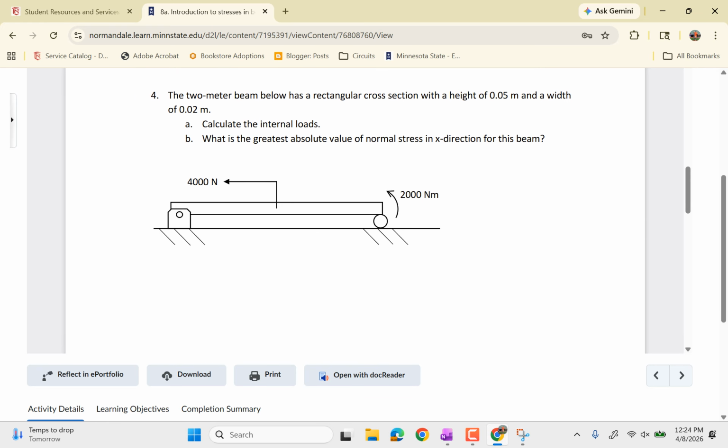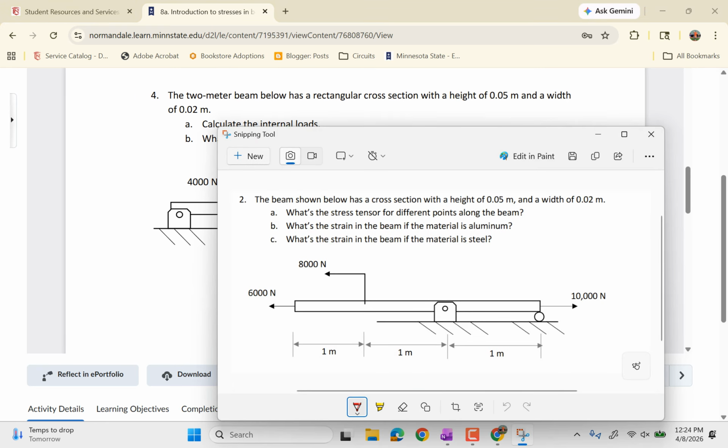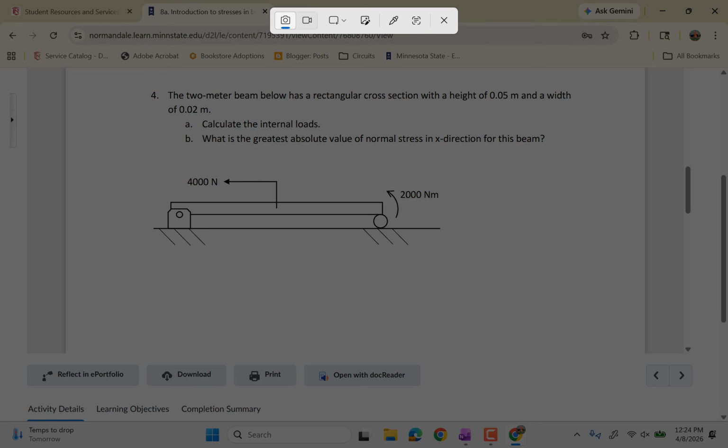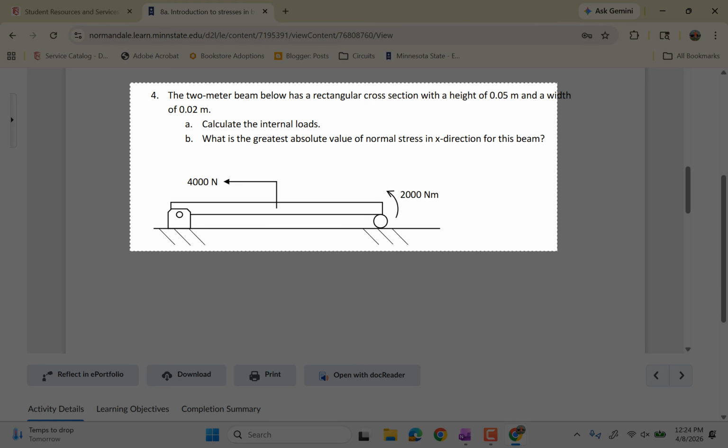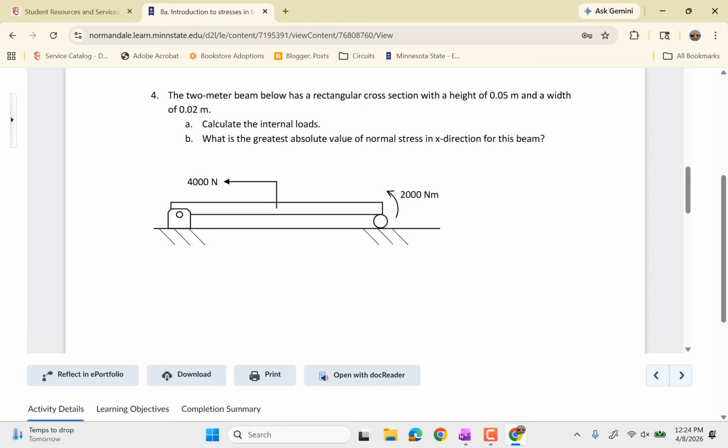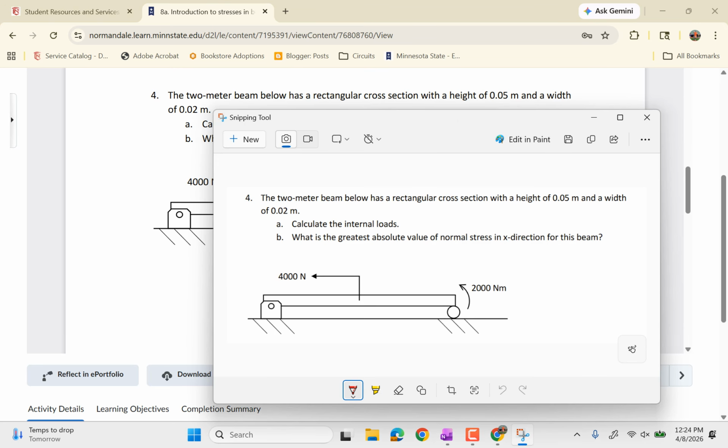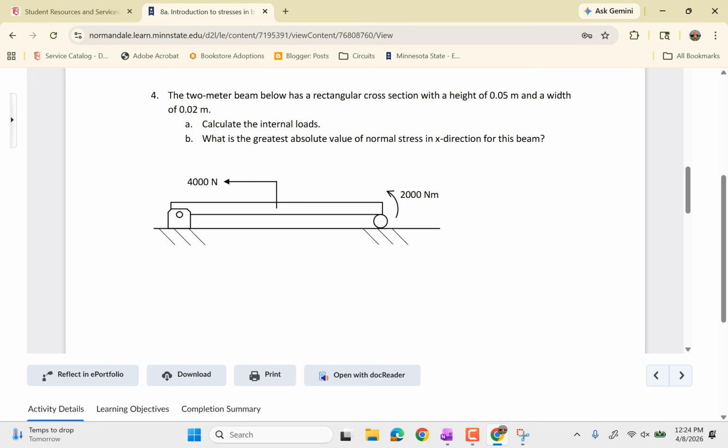Okay, so what I'm going to do to make this solvable, to make it static, is I am going to treat that roller like it's a pin and slot joint.